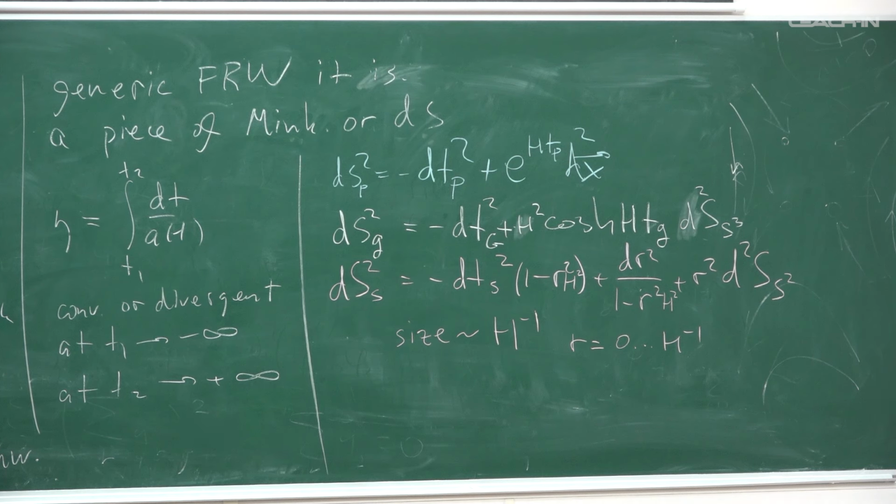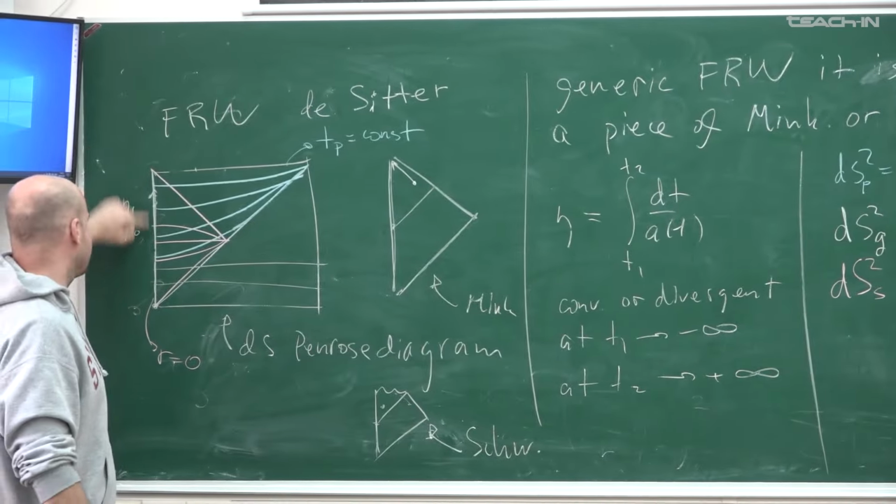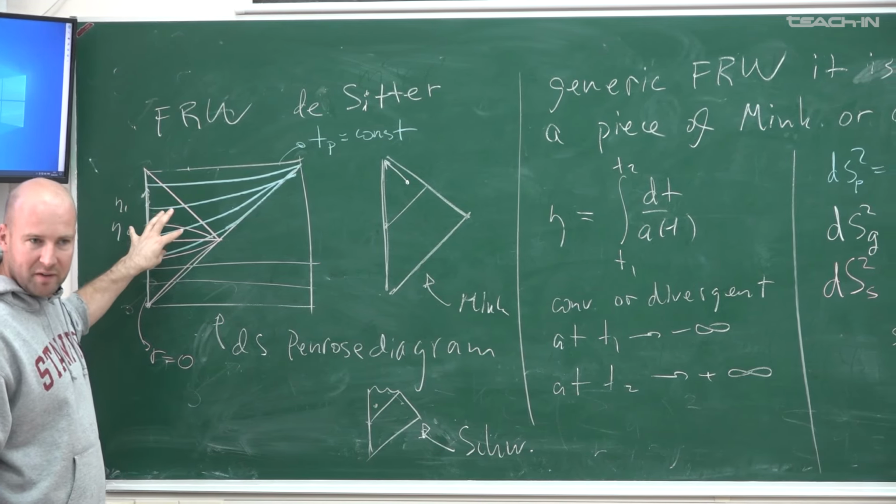Accessible in the sense that he can receive information from any point in the spacetime, and he can send information to any point, of course, if this point is not in his past light cone. But throughout his entire history, he can communicate with any point inside of the static patch.